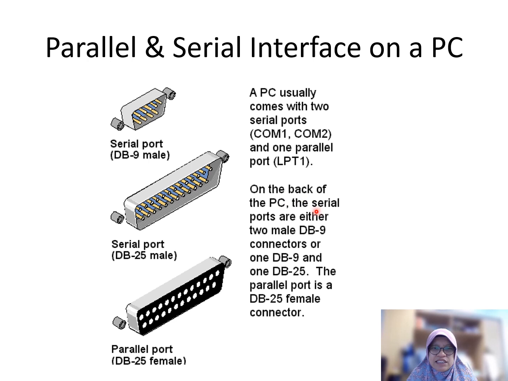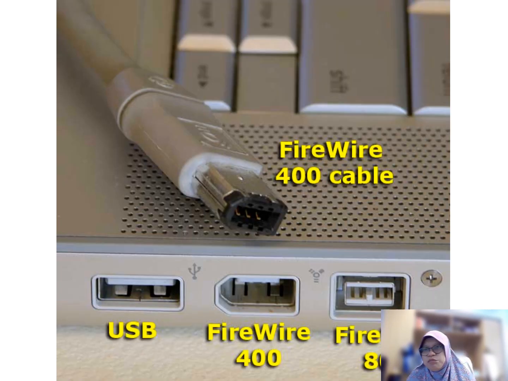On the back of the PC, the serial ports are either two male DB9 connectors or one DB9 and one DB25, whereas the parallel port is a DB25 female connector. You may not see it anymore, because they are obsolete. And then we also have FireWire 400 cable, USB, FireWire 400, and FireWire 800 as examples of a serial interface.